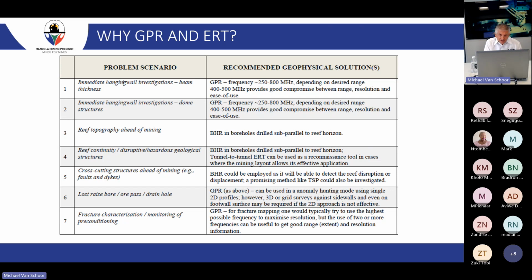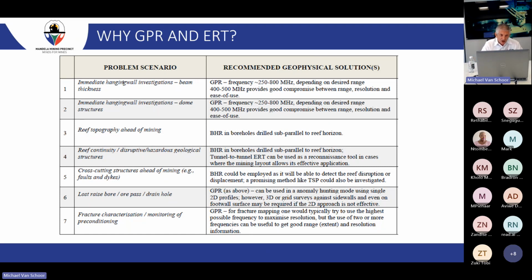What you can see from this table is that techniques like GPR, ground penetrating radar, and bore radar feature quite heavily in the applicability discussion. Also, ERT is one that features specifically on mapping the reef continuity and geological structures ahead of mining.